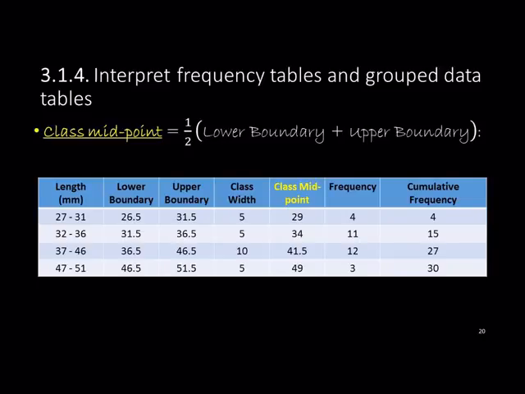So for the first class, lower boundary plus upper boundary, 26.5 plus 31.5, divided by 2, and we get 29. And similarly for the rest of the classes, let's do the last one, 46.5 plus 51.5, divided by 2, equals 49. So we have our class midpoints.